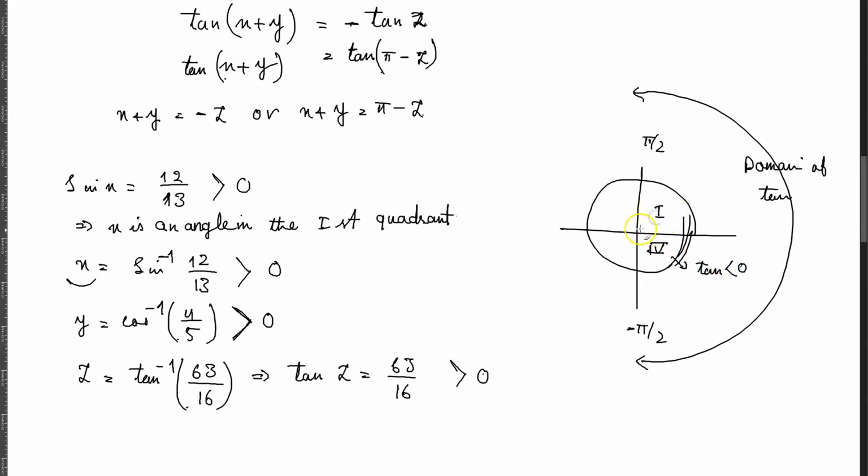In the first quadrant, your sine is positive, your cos is positive, so tan here is positive. Since tan of z is a positive value, that implies that z is an angle in the first quadrant.